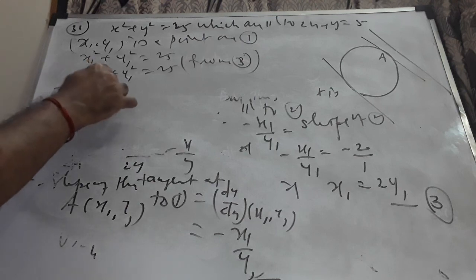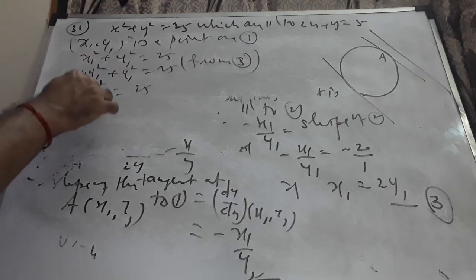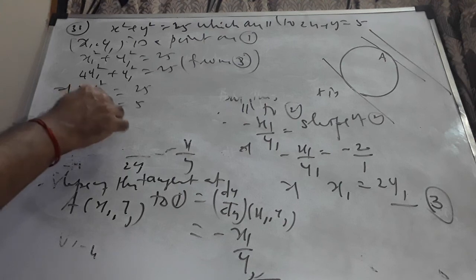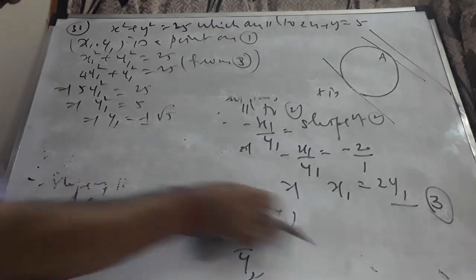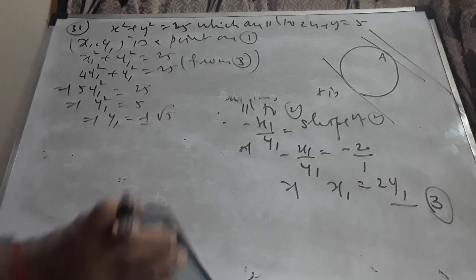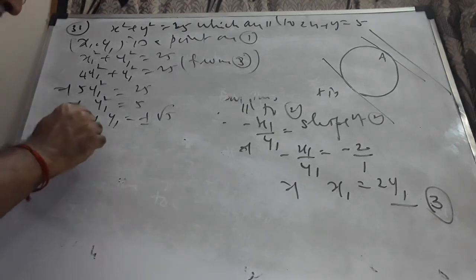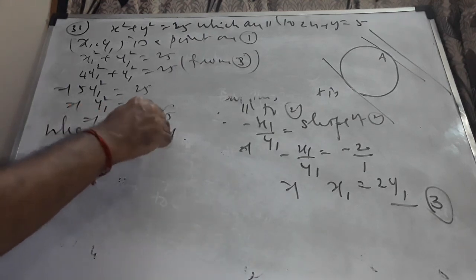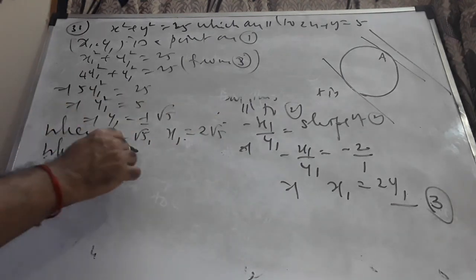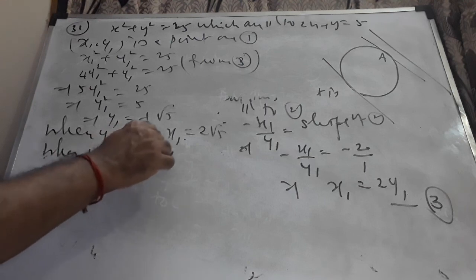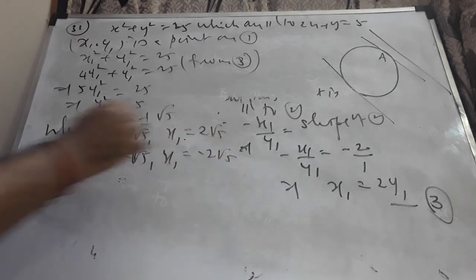So 5y1 square is equal to 25, y1 square is equal to 5, y1 is equal to plus or minus root 5. When y1 is root 5, x1 is equal to 2 root 5. When y1 is equal to minus root 5, x1 will be minus 2 root 5.